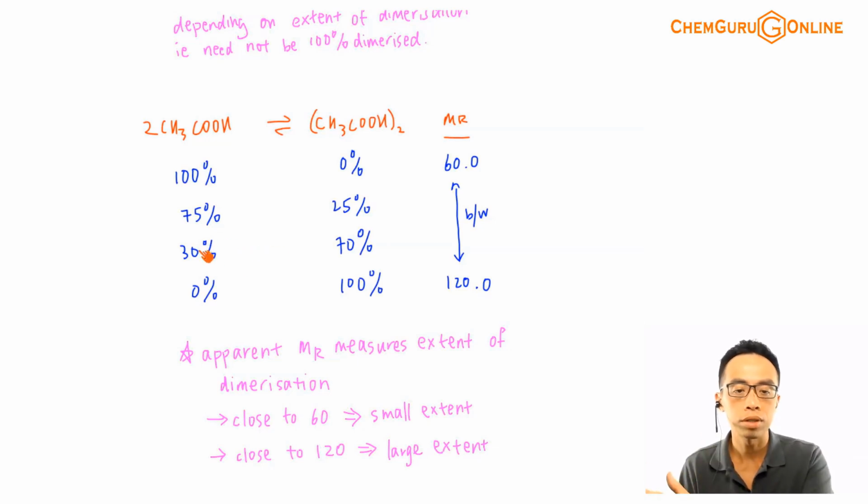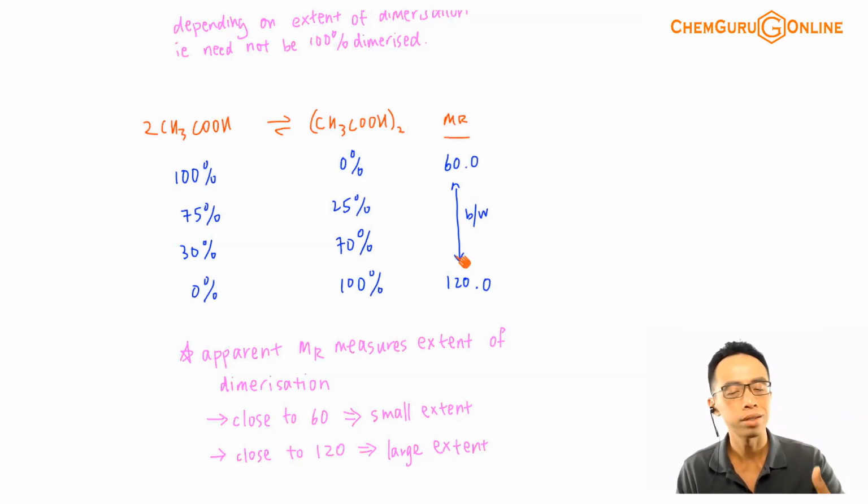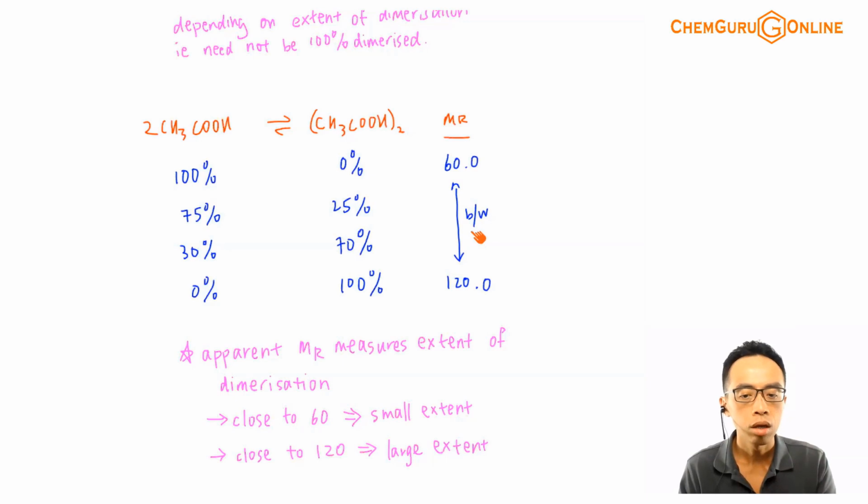If I have 30% monomer and 70% dimer, the apparent MR is expected to go up, closer to 120, maybe 90 or 100 or 110. It tells me that it is approaching maximum, or 100% dimerization. So based on this MR, we can have some idea of the extent of this dimerization. Please keep this in mind.